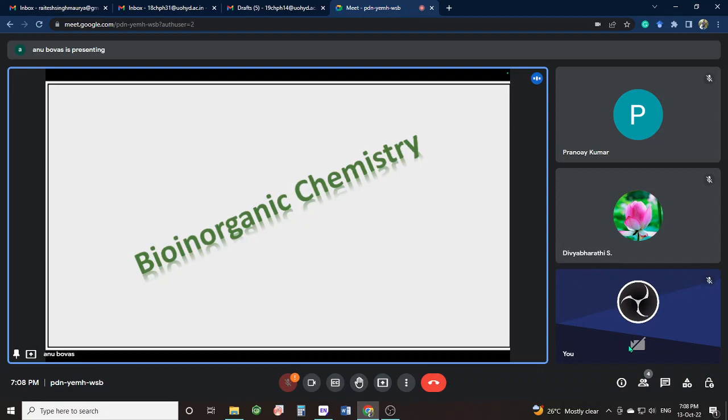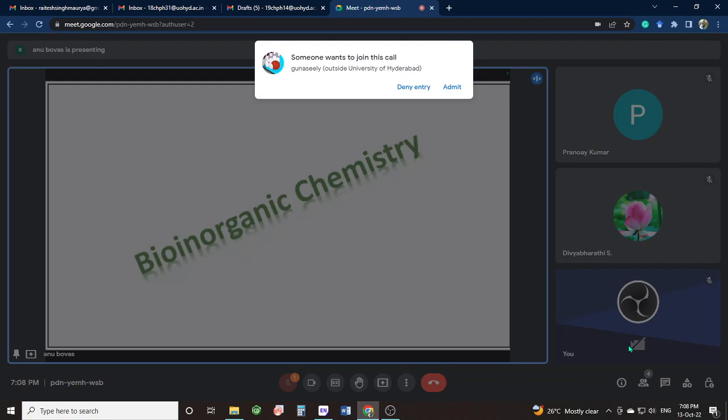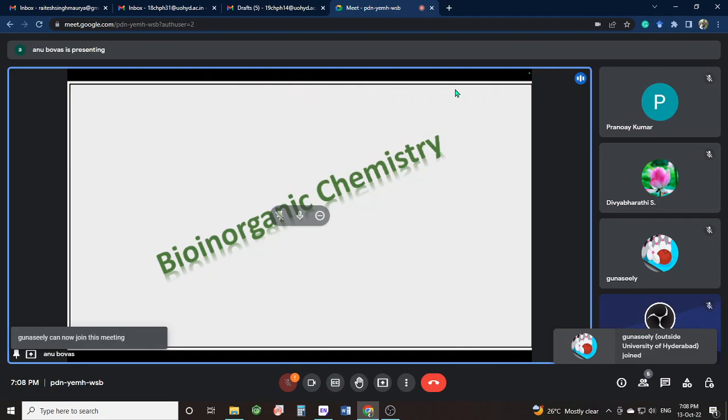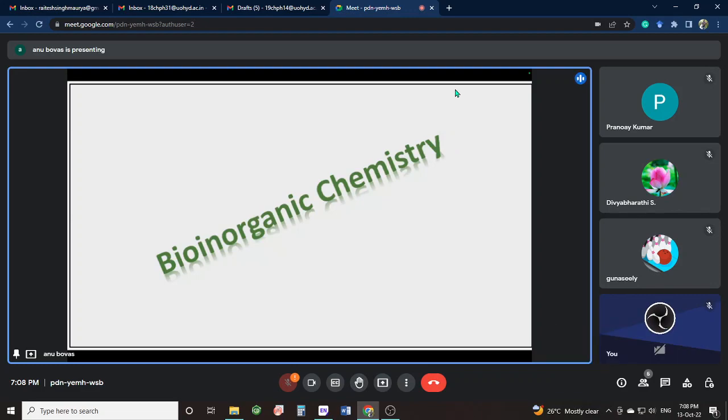When we were talking about quaternary structure, we told about hemoglobin, right? Hemoglobin, or whichever protein has more than one helical chain, we can say it has quaternary structure. And this class we will be dealing basically with hemoglobin, myoglobin, and also hemocyanin. Okay, three things, just three things.